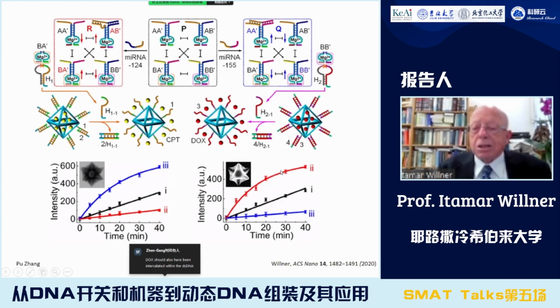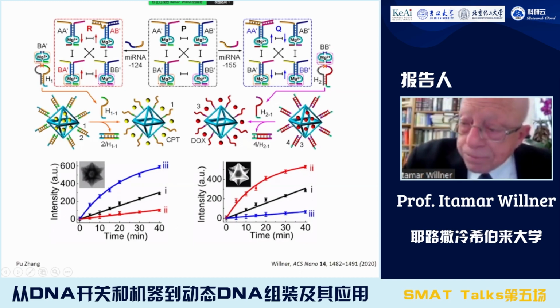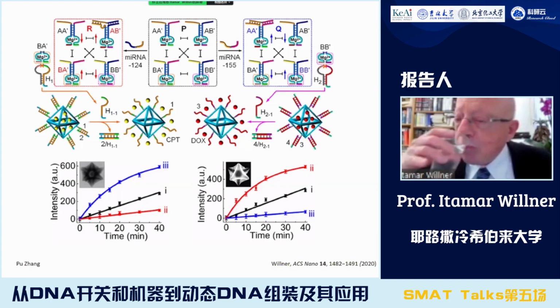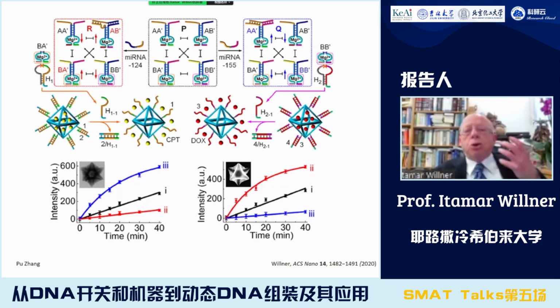We see here that under these conditions of this microRNA, we have effective release of doxorubicin and very inefficient release of the camptothecin. So what we learn here is that the constitutional dynamic network can regulate the release of drugs from drug carriers, and it acts as a dynamic controller of the release process.